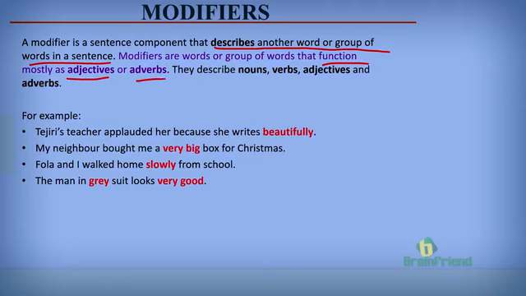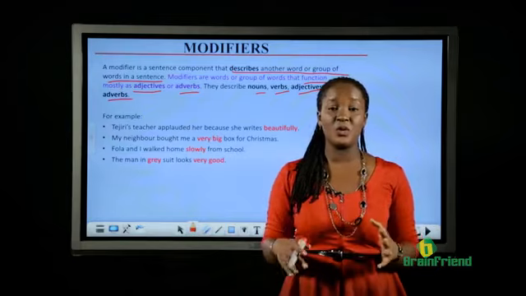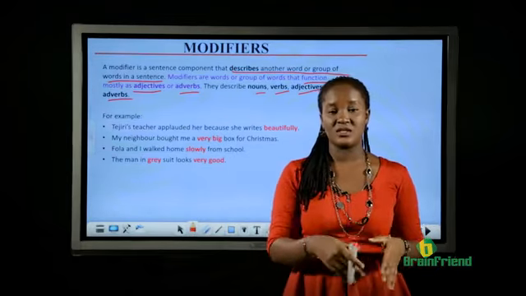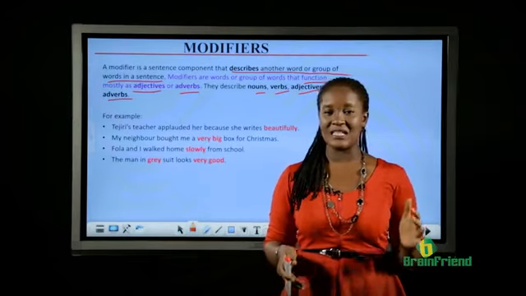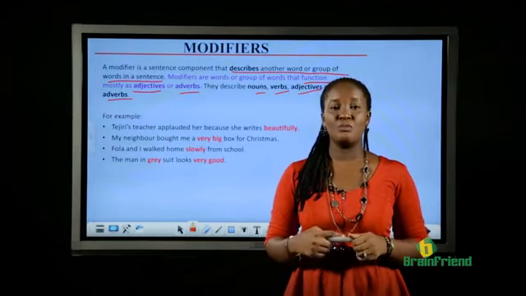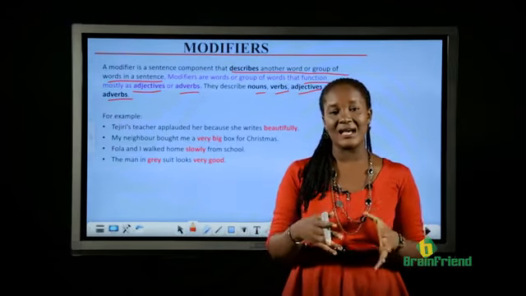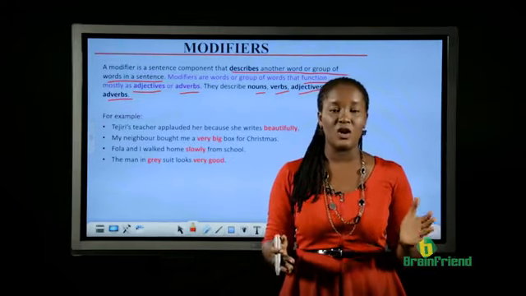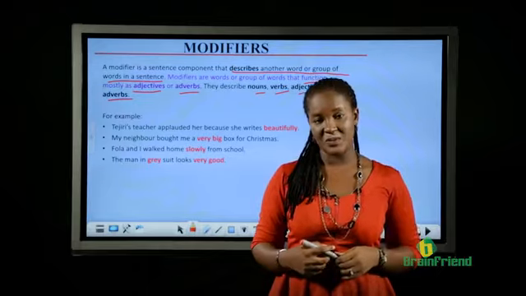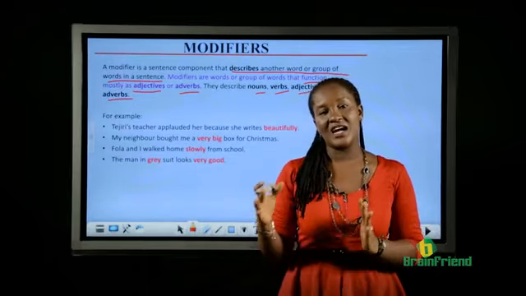They describe nouns, verbs, adjectives, and adverbs. Modifiers are simply words that describe nouns, verbs, adjectives, or adverbs in sentences. And mostly, they function as adjectives by describing nouns or pronouns, or they function as adverbs by describing verbs, adjectives, or other adverbs.